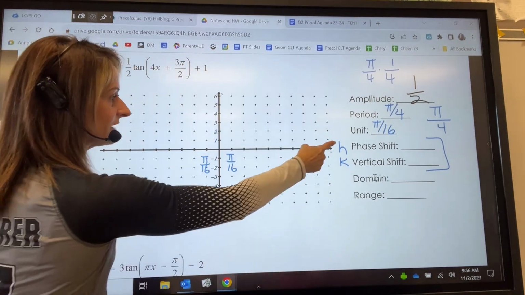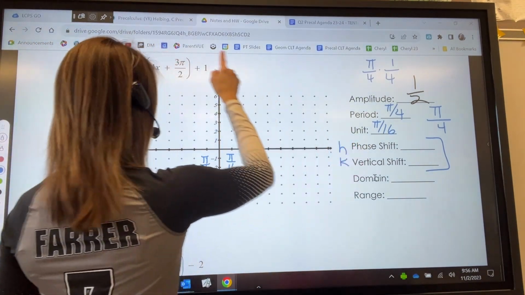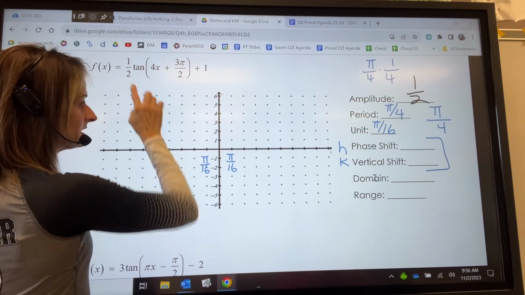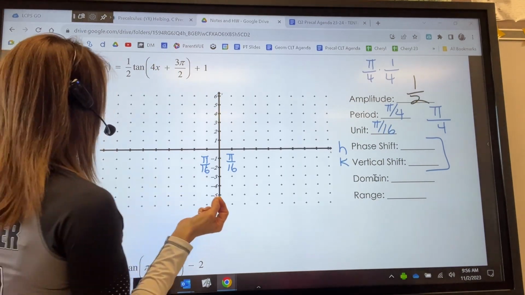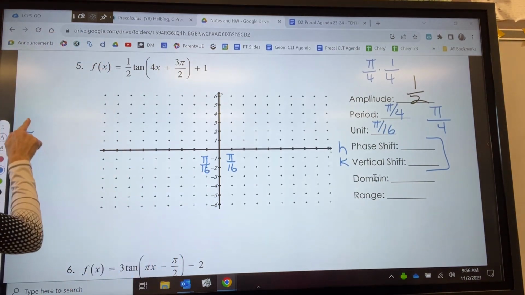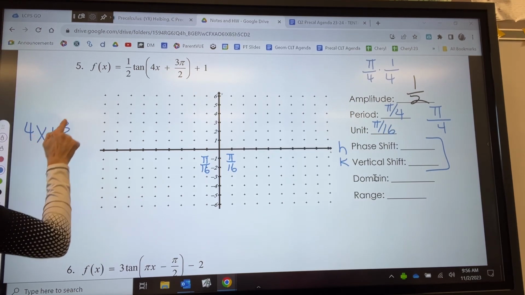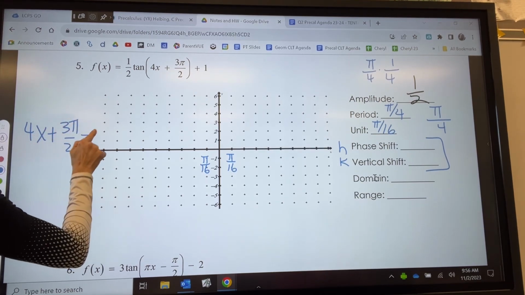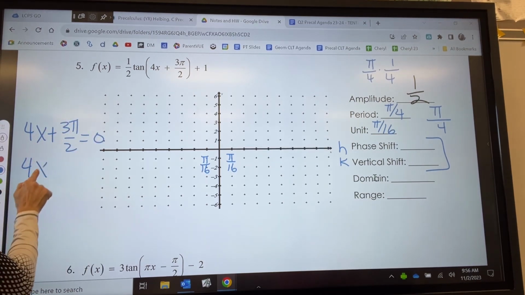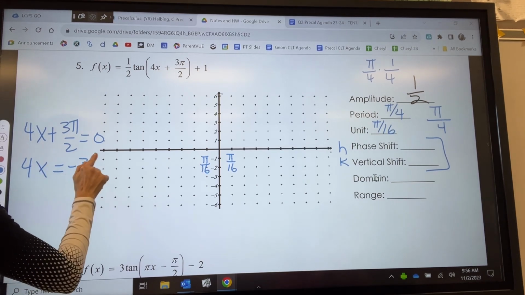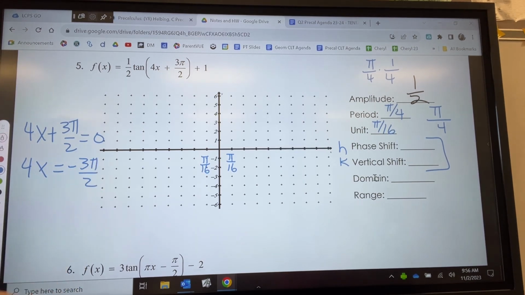To get the phase shift, the horizontal shift, we are going to set the parentheses equal to 0 and solve. So we've got 4x plus 3 pi over 2 equals 0. So 4x equals negative 3 pi over 2. Just brought the 3 pi over 2 to the other side. And now I'm going to divide by 4.